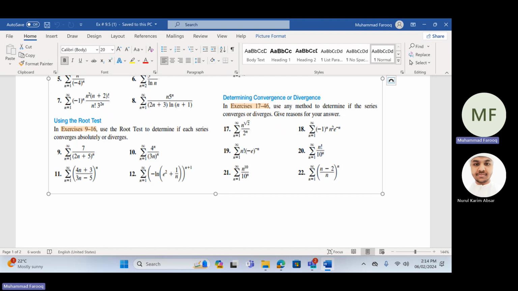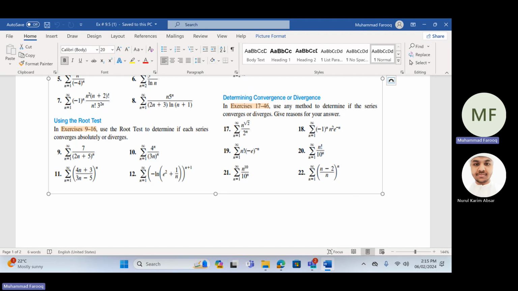We start with any one test, either ratio or root. So what is the best way? If factorials are involved in the question, please use the ratio test. If factorials are not involved, the root test is much easier and gives you the answer in fewer steps. So this is basically the comparison when we start.